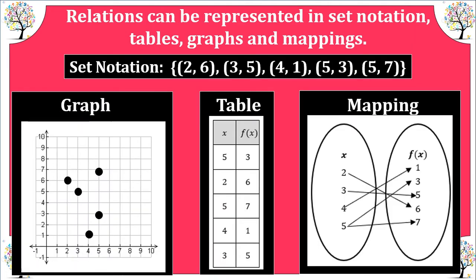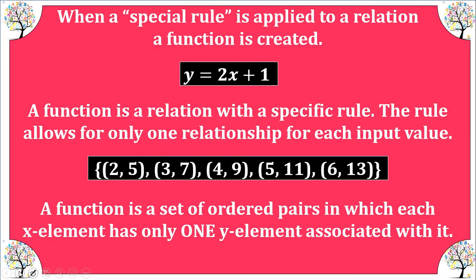So again, relations can be represented as information as ordered pairs, as a graph, as a table, or in our last representation, a mapping. However, when we do have a special rule applied to a relation, we have a function. So a function is more specific.